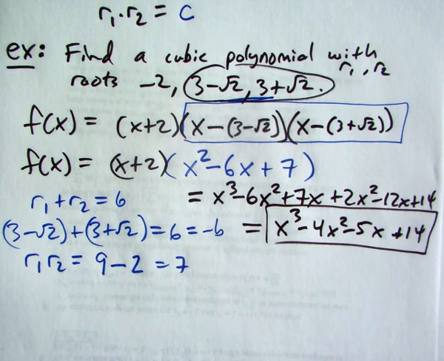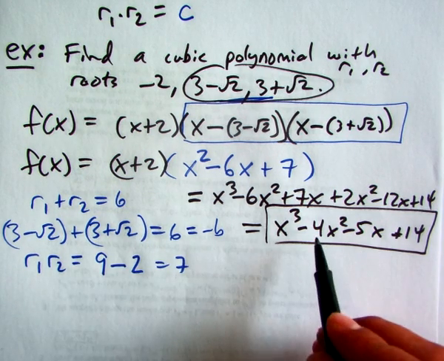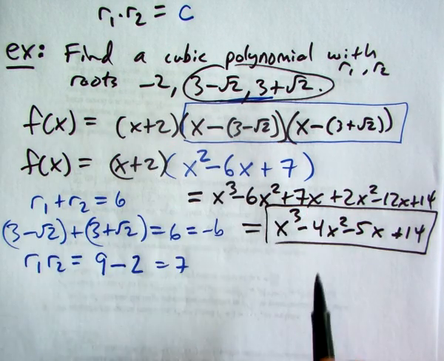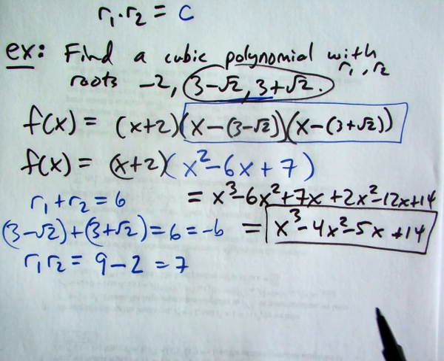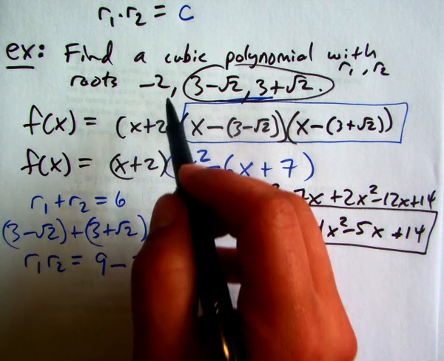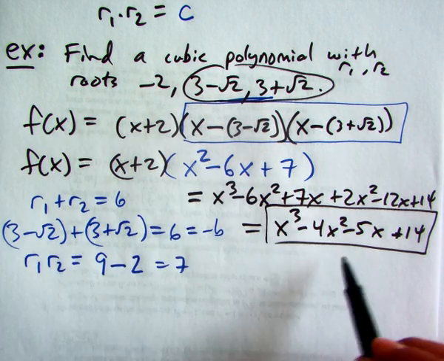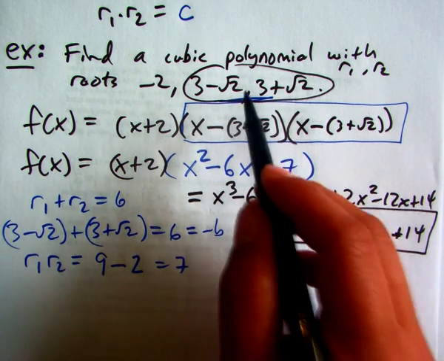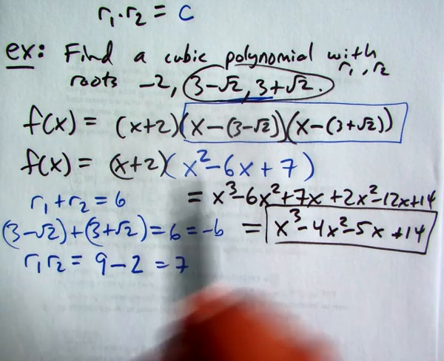That's your final answer. So this polynomial has these 3 roots. If you were to actually solve it or graph it, you would get negative 2 as one of the roots, and then these other x-intercepts that are irrational. Okay?